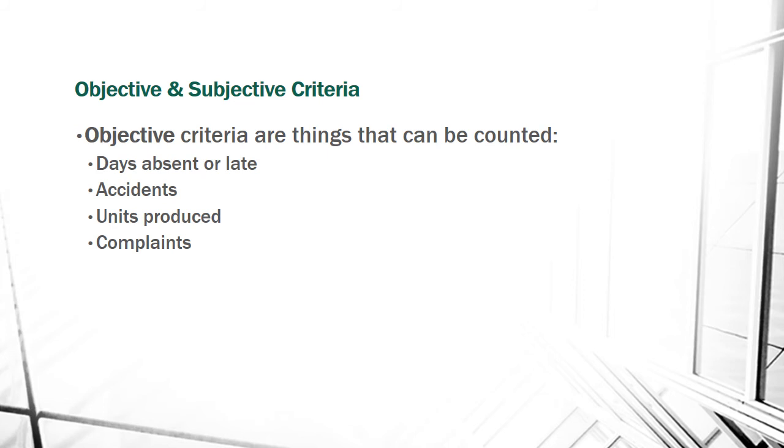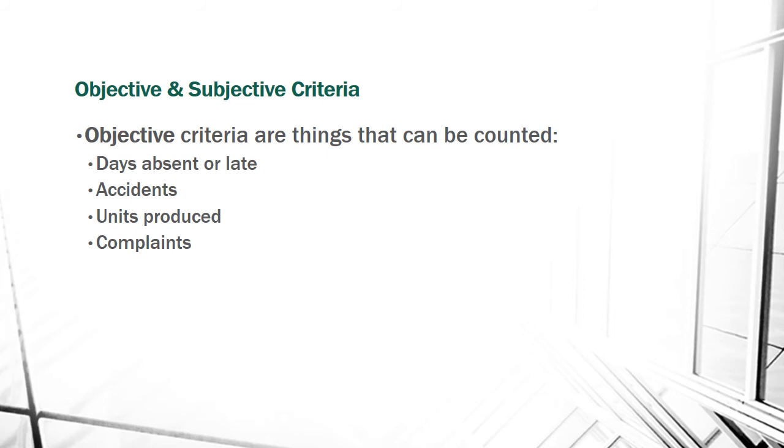So objective criteria that are used in organizations include things like the number of days a person was absent, the number of units they produced, the number of accidents that were reported, because these are things the organization can keep records of, and they just have to count them. They don't have to interpret them any further than this.